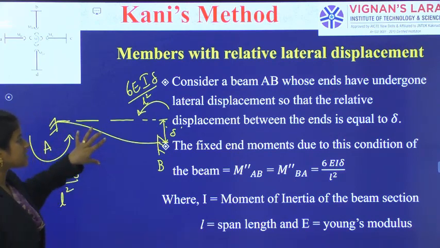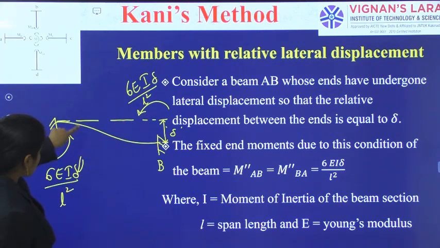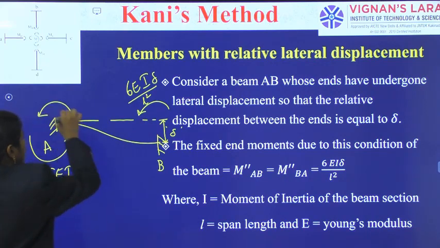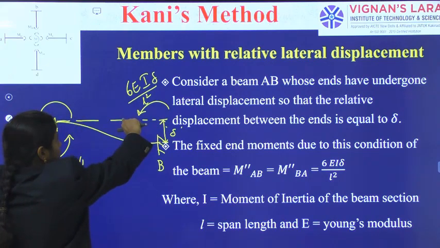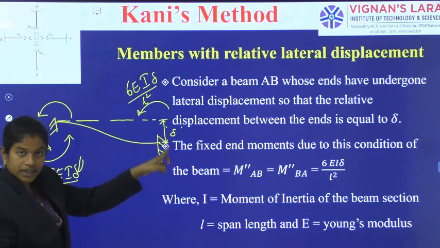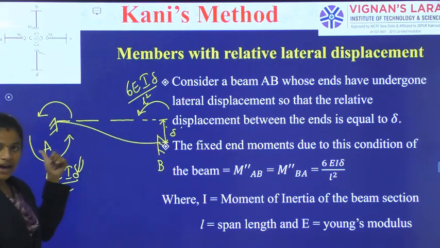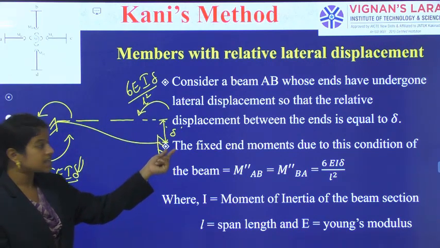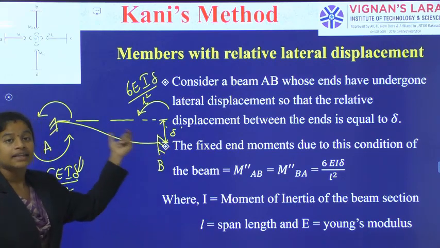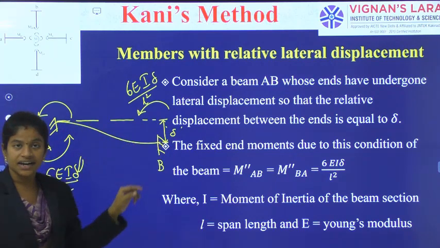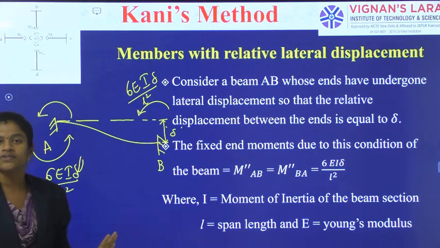Okay, this arrow is also going in the anti-clockwise direction. So two anti-clockwise moments: when the right support is sinking down by delta compared to the left support, these are the fixed end moments generated in the beam only due to sinking.